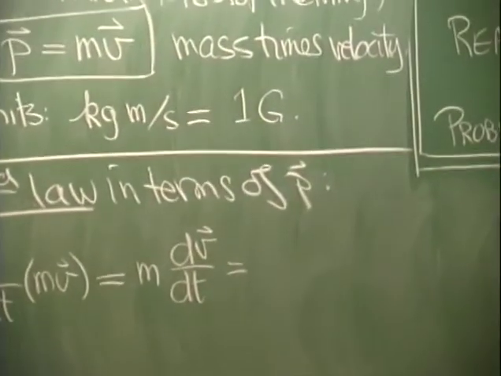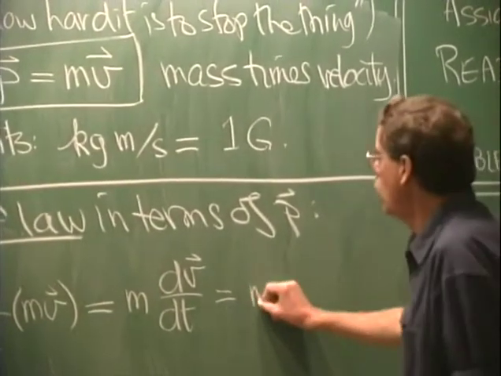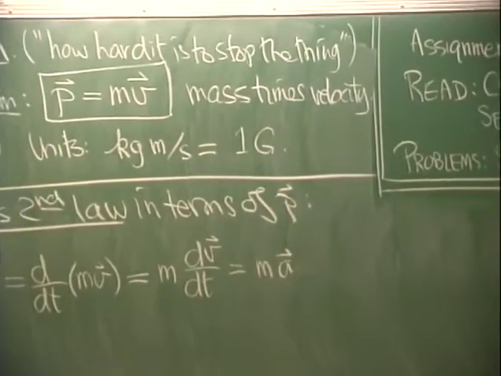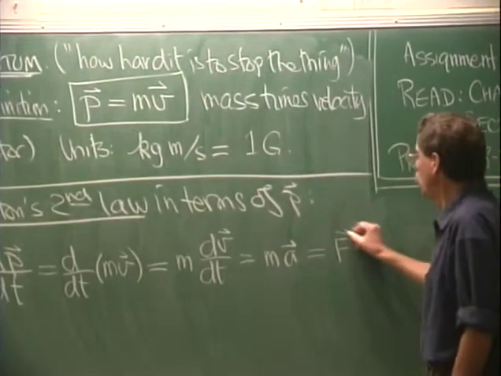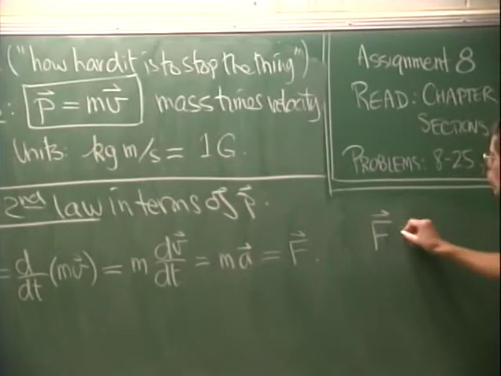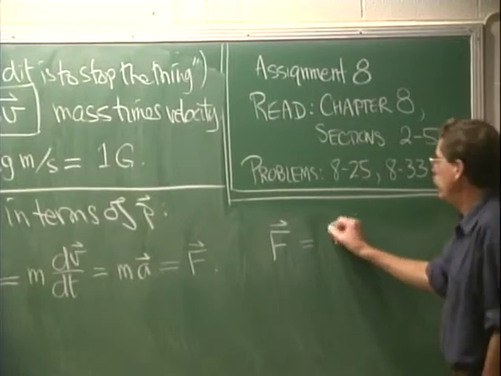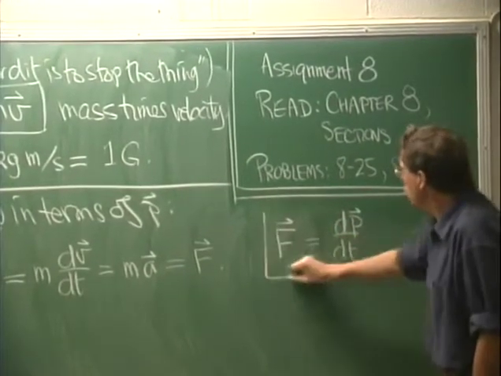But dv by dt, the rate of change of velocity, is acceleration. This is mass times acceleration. But mass times acceleration, according to Newton's second law, is F. So what's the conclusion? F, which we've always written as ma, could also be written as dp by dt. In some respects, that's a nicer way to write it.